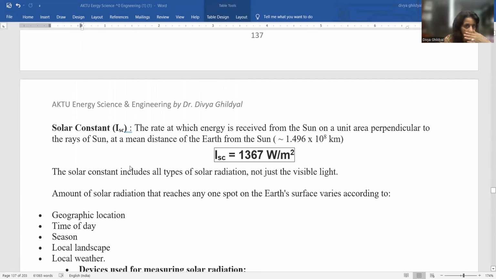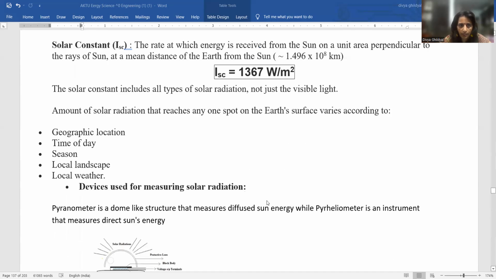Solar constant, section A question: the rate at which energy is received from sun on a unit area perpendicular to the rays of the sun, approximately 1367 watt per meter square.